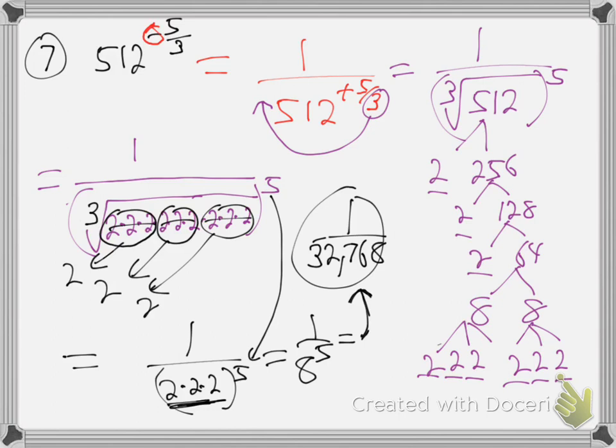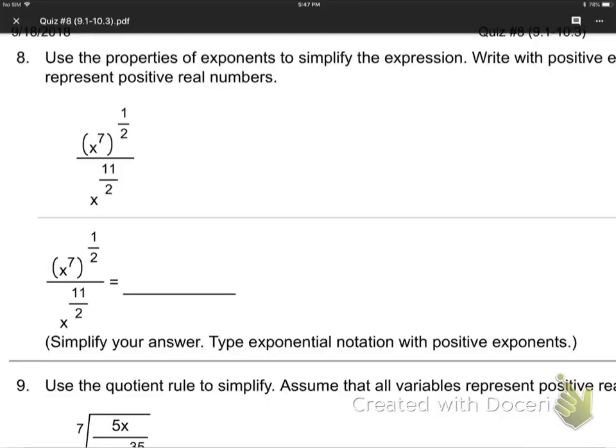There we go. Okay, so here on number 8, we're supposed to simplify this thing. So remember the rule, powers outside multiply powers inside. Powers outside parentheses multiply powers inside parentheses.